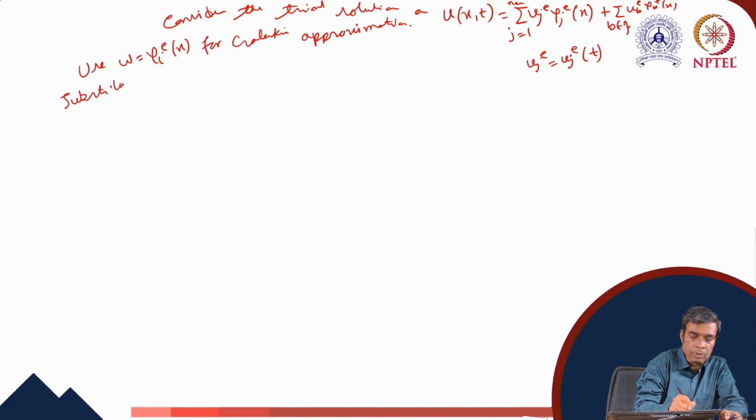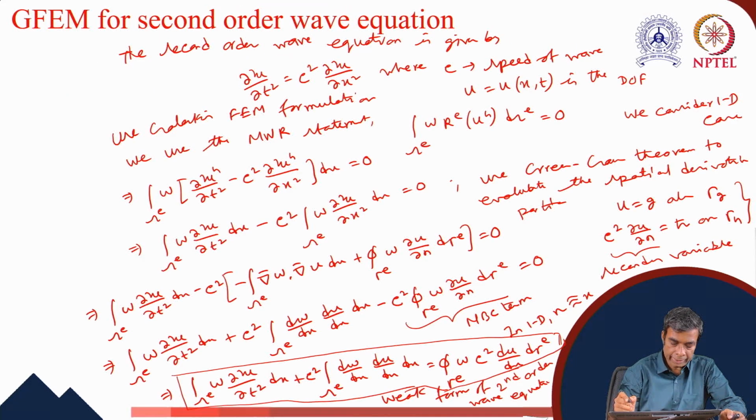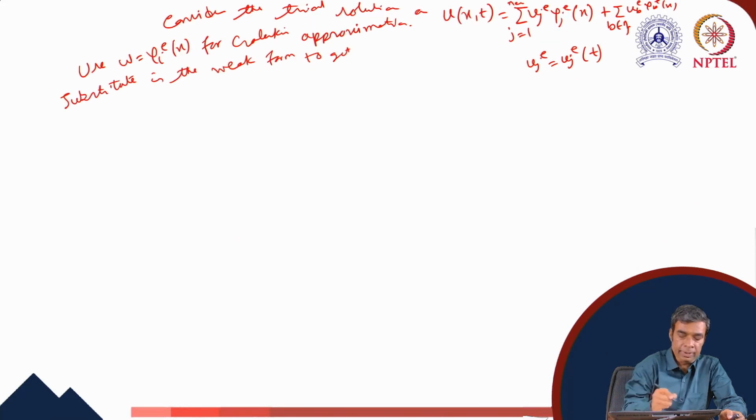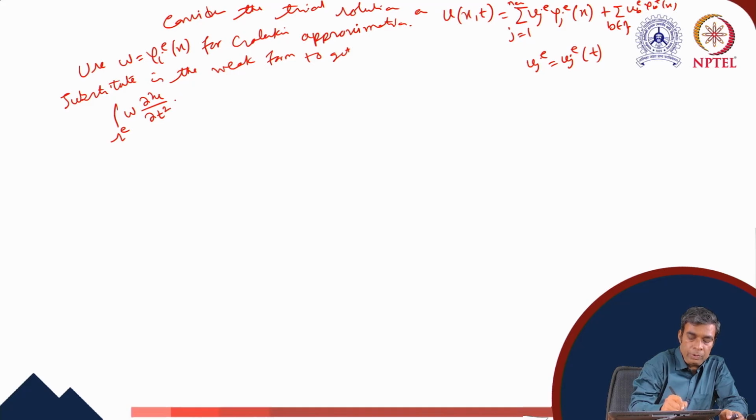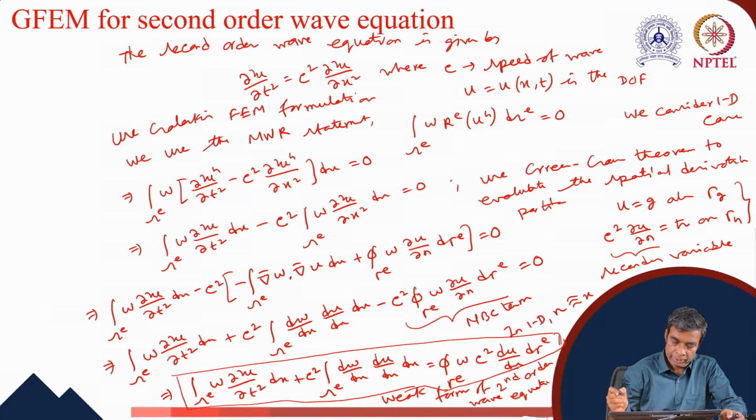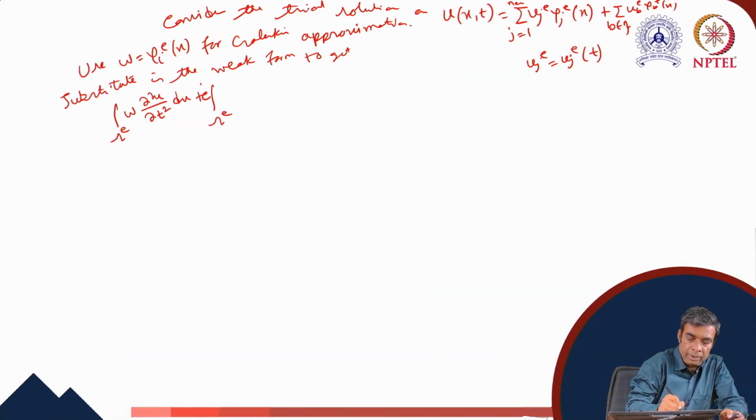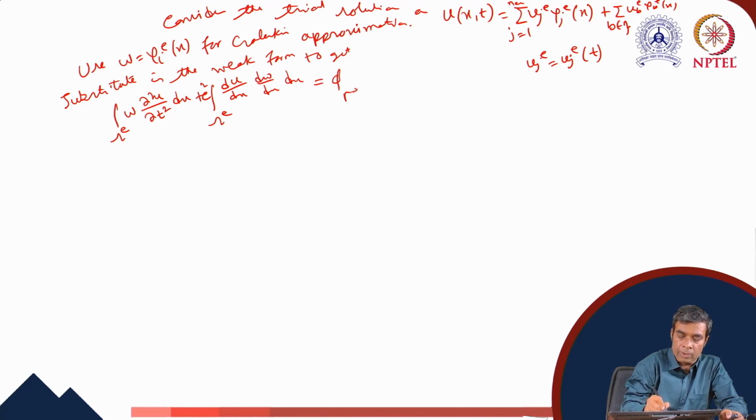Substitute in the weak form. Let us rewrite the weak form: integration over Ωe of w ∂²u/∂t² dx plus integration over Ωe of c² dw/dx du/dx dx equals boundary integral along Γe of w c² du/dx. We make the substitutions and then simplify.